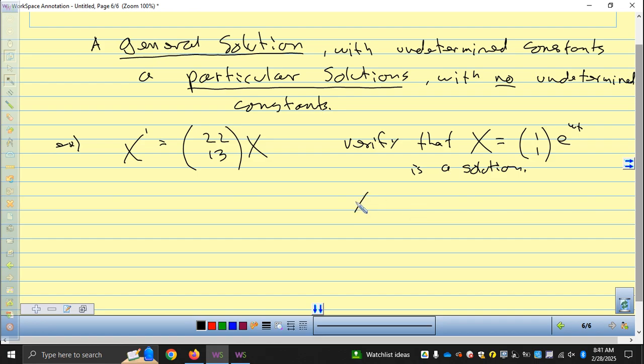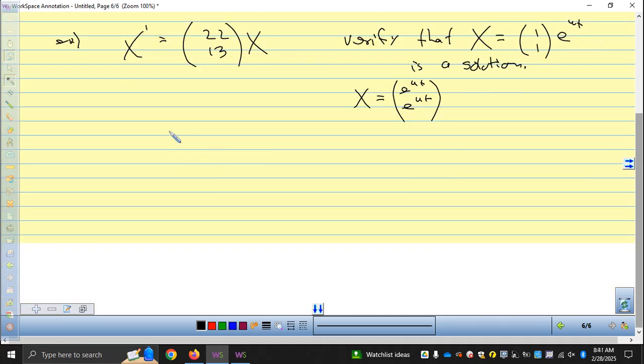Well, I'm going to rewrite x as [e to the 4t; e to the 4t], and we're going to do the multiplication. So [2, 2; 1, 3], that matrix, times [e to the 4t; e to the 4t].